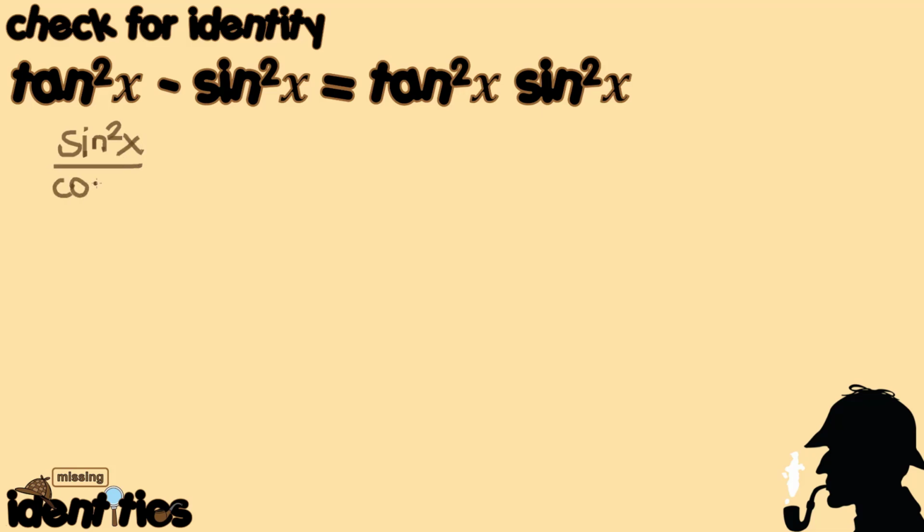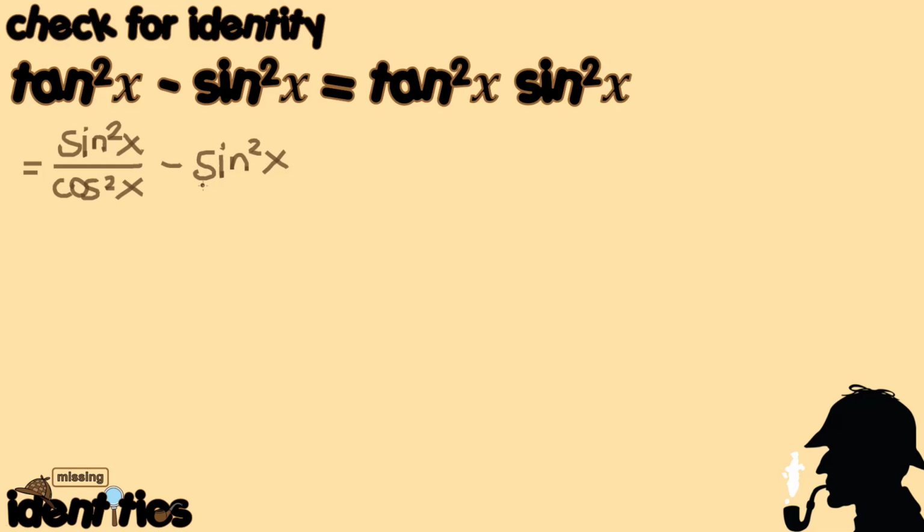This is the equivalent of tangent squared x in terms of sine and cosine. This is still to be subtracted with sine squared x. Now for the meantime, we are just going to manipulate the left-hand side, so no need to write the right-hand side here.